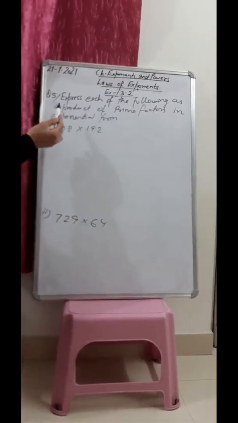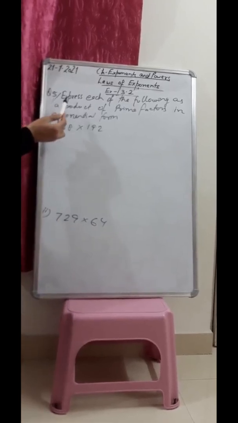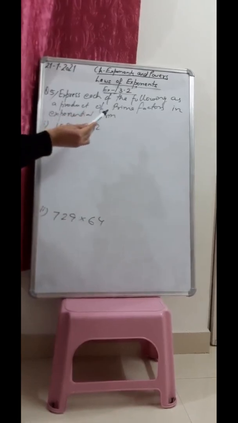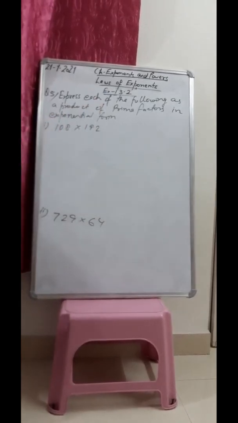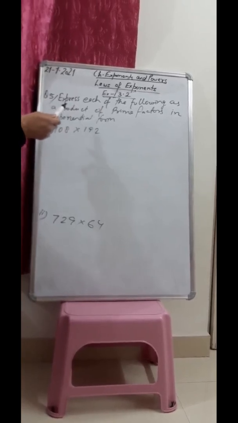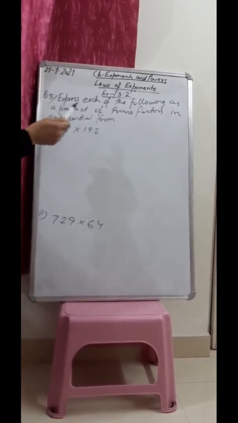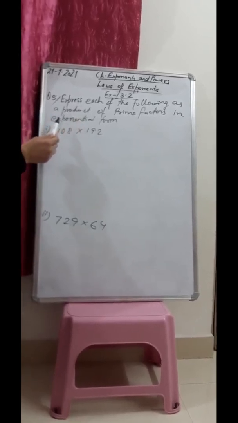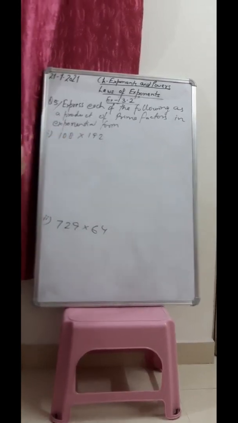Now students, question number 5 is, express each of the following as a product of prime factors in exponential form. So here we have to express the following as a product of prime factors. That means we have to use the prime factors and write them as a product and give the answer in exponential form.